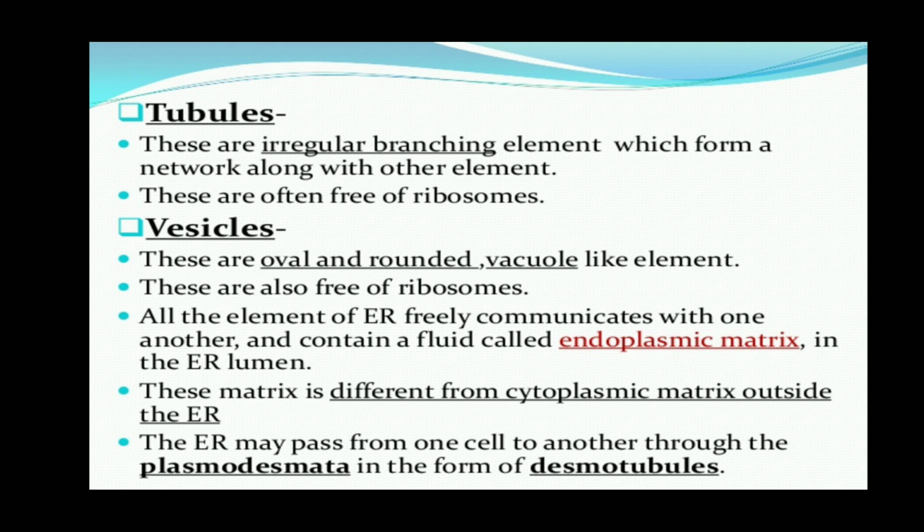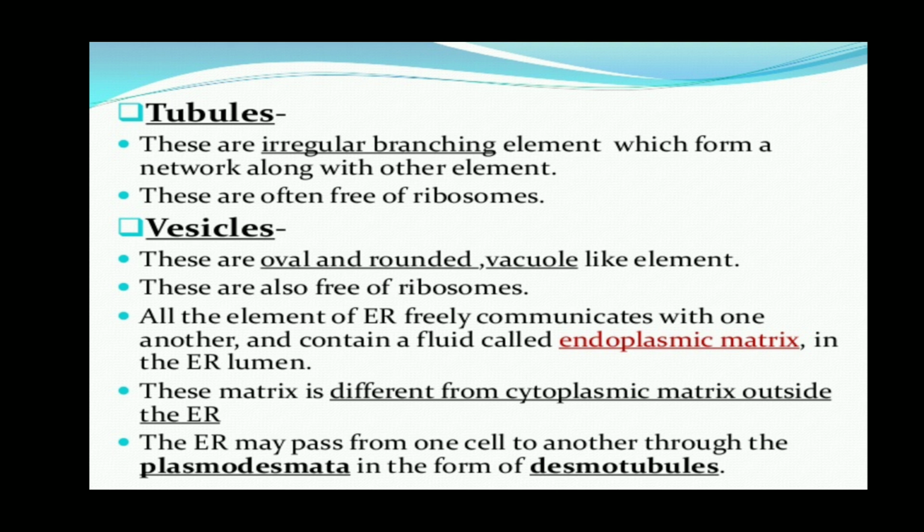All the elements of the endoplasmic reticulum freely communicate with one another, and they contain a fluid called the endoplasmic matrix, like the matrix of mitochondria, in the endoplasmic reticulum lumen. This matrix is different from the cytoplasmic matrix outside the endoplasmic reticulum.